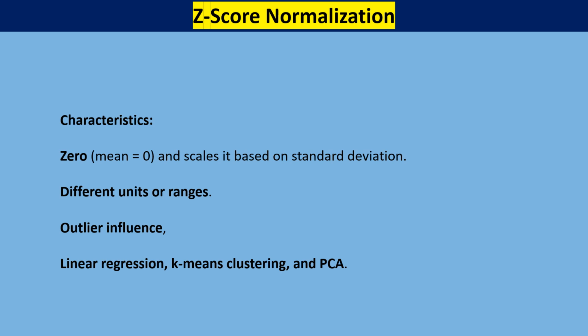The algorithm assumes a Gaussian distribution, as in linear regression, PCA, and clustering. There are outliers, but they should not heavily influence scaling. Unlike min-max scaling, z-score does not constrain values within a fixed range, but instead centers them around 0.